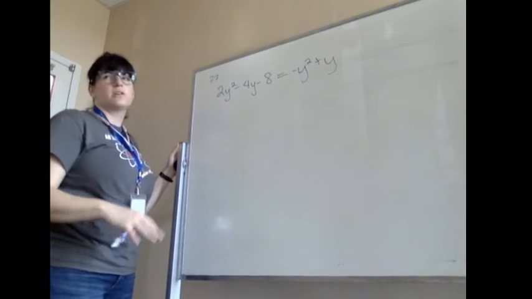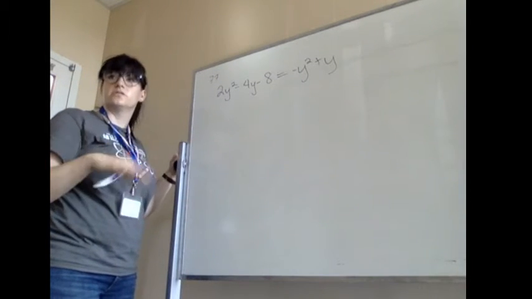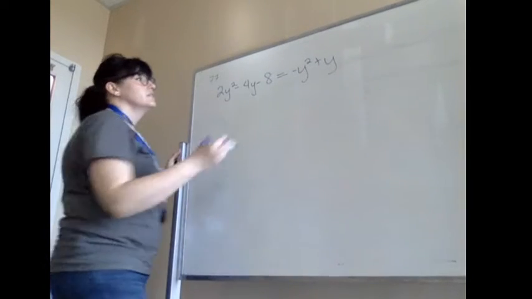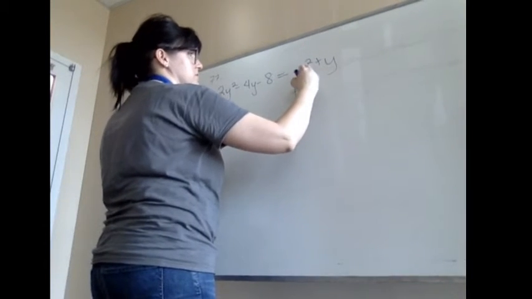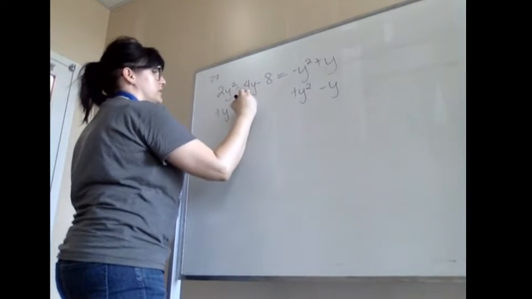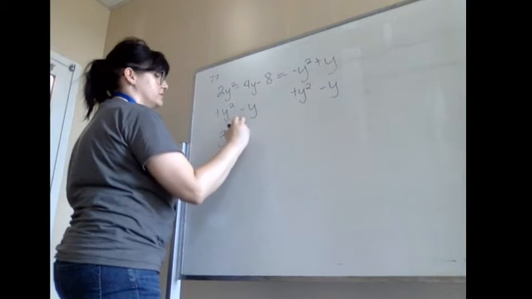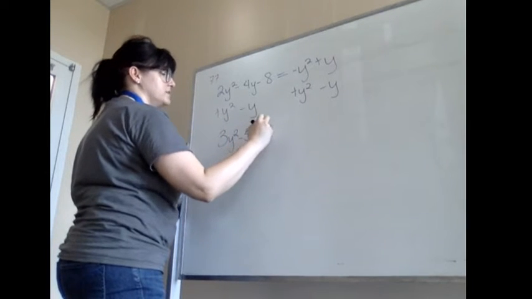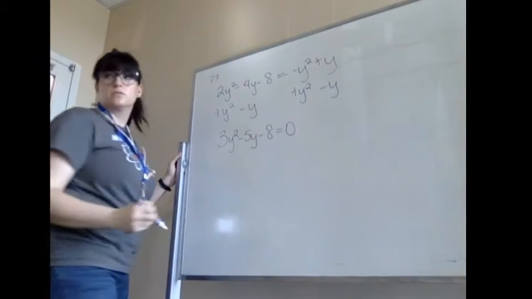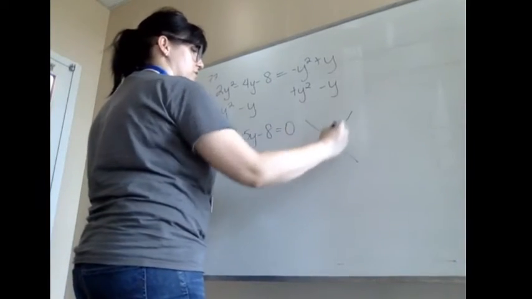The idea is that we want to get everything to one side so that it equals 0, because you can use the zero product property to solve. So we're adding this and subtracting this, and you have 3y squared minus 5y minus 8 equals 0.